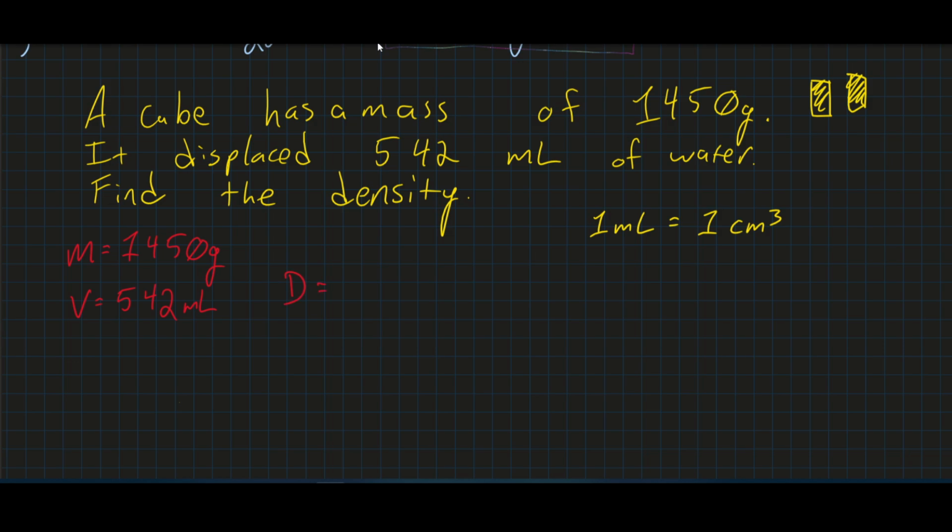Density equation, set it up. 1,450 grams divided by 542 milliliters. When you work out that math, it comes to about 2.68 grams per milliliter.